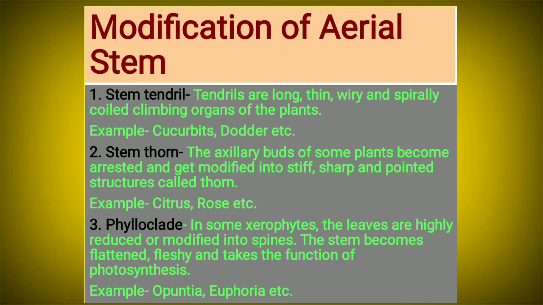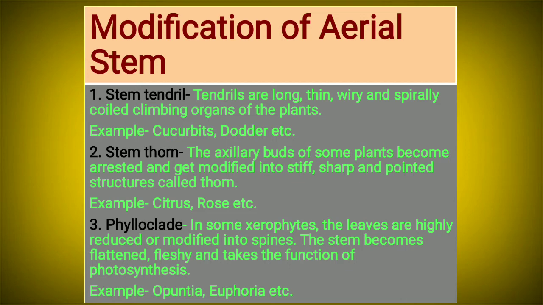So the phylloclades are some swollen fleshy structure where the stem gets modified for the purpose of photosynthesis and for storage of water and food material. So there the examples are Opuntia, or that we call to be as the cactus, then comes Casuarina, Euphorbia, etc.